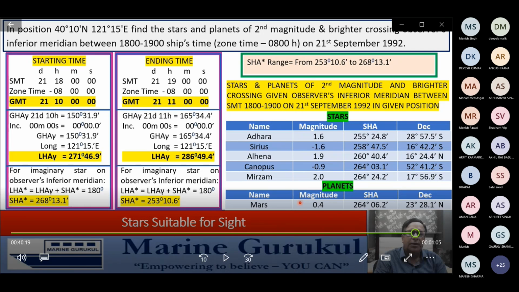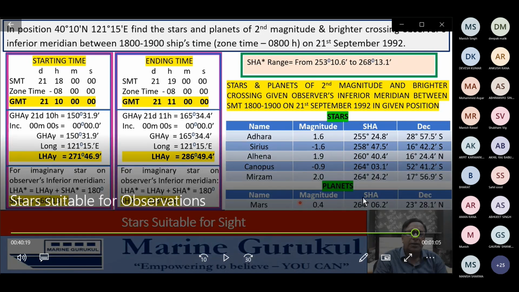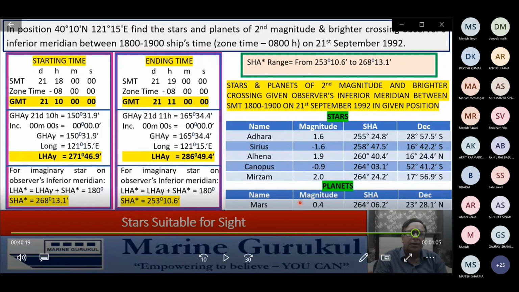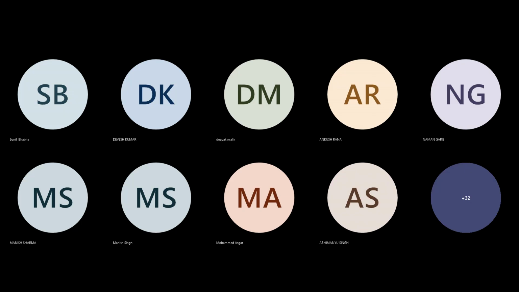Okay, so this was the stars suitable for sight topic. So beta, we are almost done for this particular session. So let's take a break, and after the break, the two doubts which you had, we will discuss those two doubts, and then we will proceed ahead.